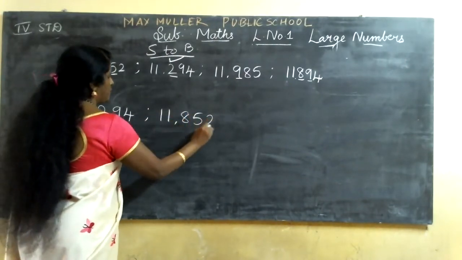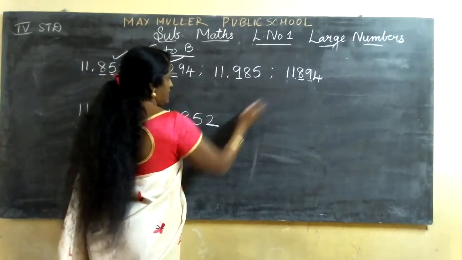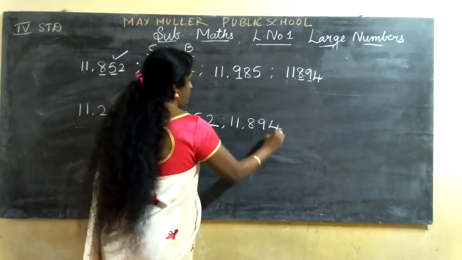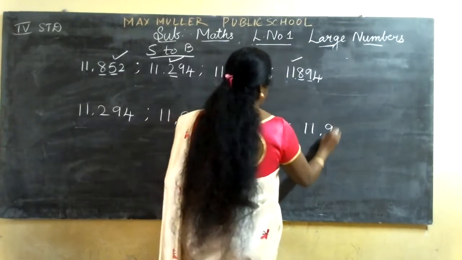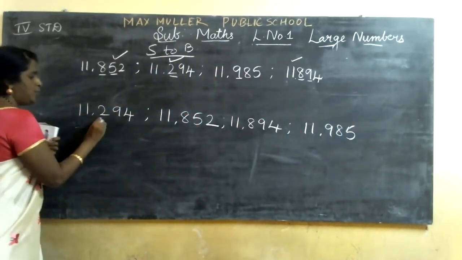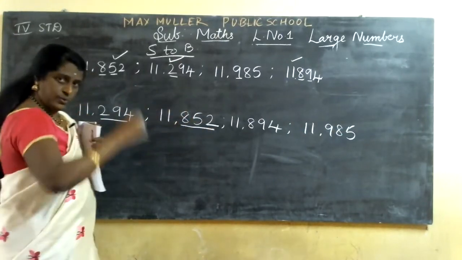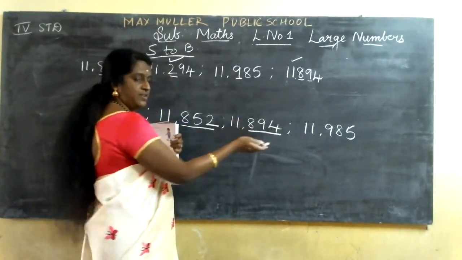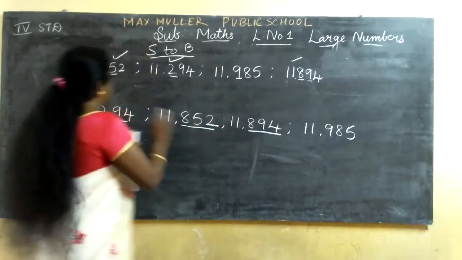Completed this. In this, 8 is small. 11,894. Completed this. Last one, 11,985. Now you check 294 small, 852 next, 894. This is 52, this is 94. So you should go for the next number. You should check, and you should write small to big.